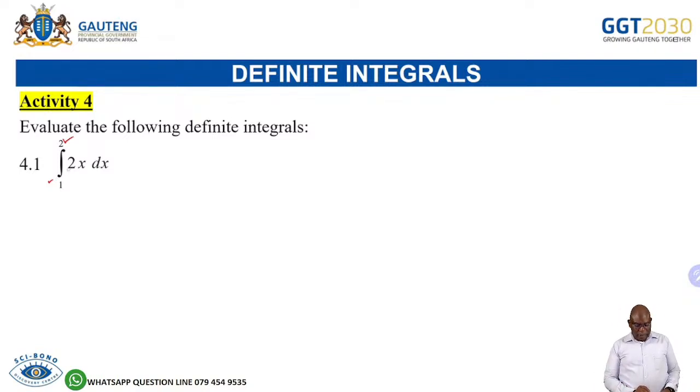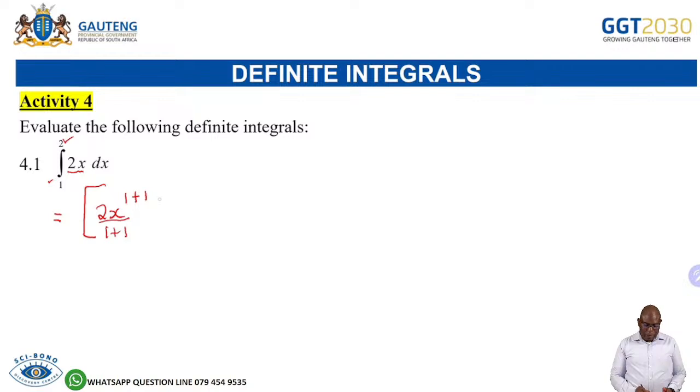In this case we've got 2x, and we're going to integrate it the same way. Remember how to integrate 2x? Let's go for it. If I integrate 2x, I get 2x to the power 1 plus 1 all over 1 plus 1.